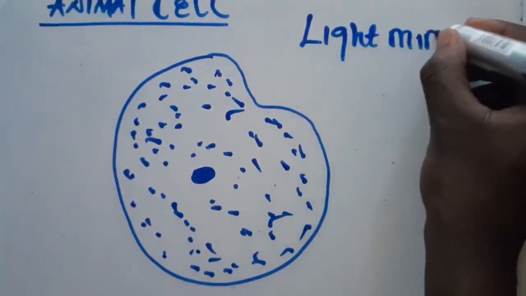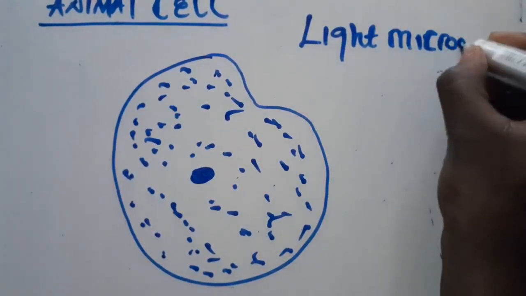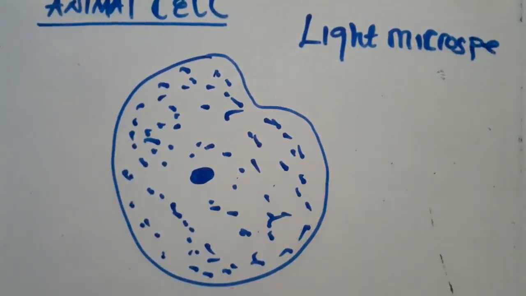We said that there are two microscopes. According to the definition that we discussed last time, a cell is the smallest unit in a living organism, and these cells are small and they cannot be seen by our naked eyes.